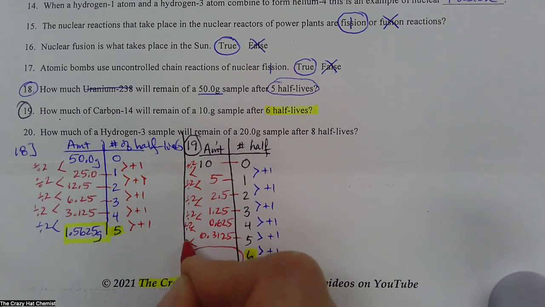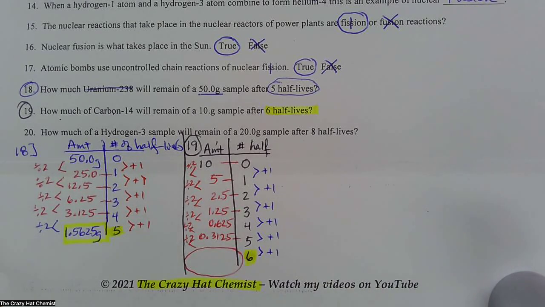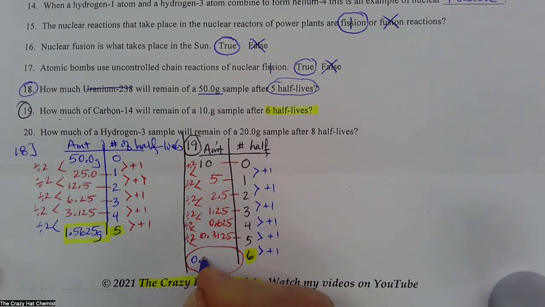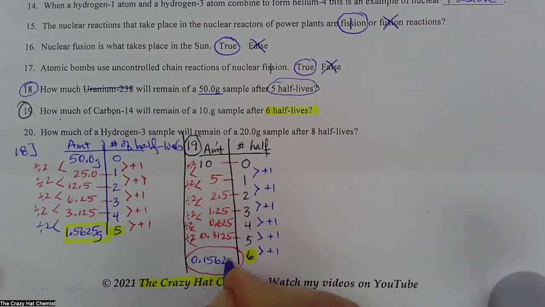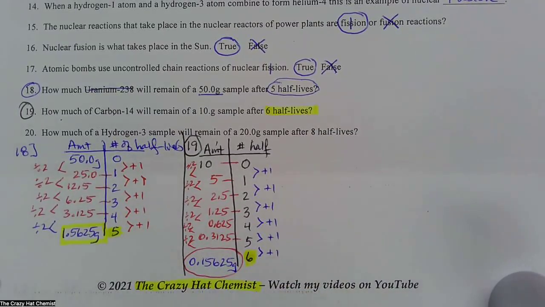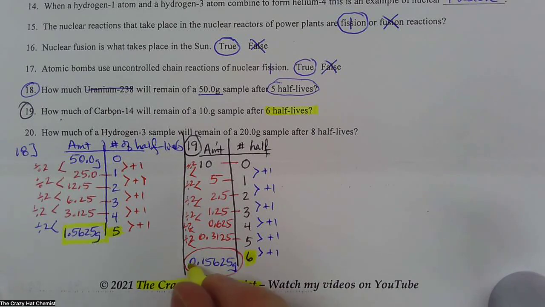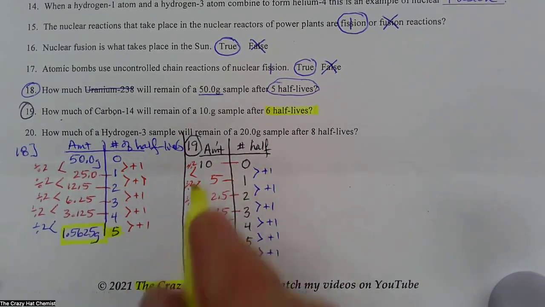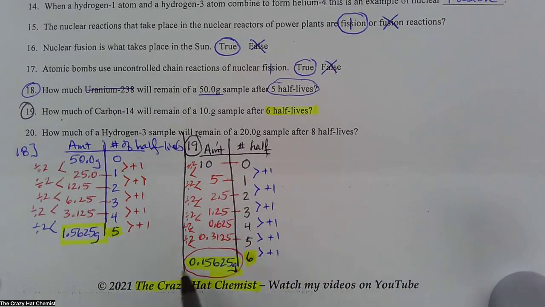Then I divide that by 2, and I get my answer, 0.15625 grams. So how much remains at the end of 6 half-lives if your sample begins with 10 grams? I will have 0.15625 grams remaining. That's it.